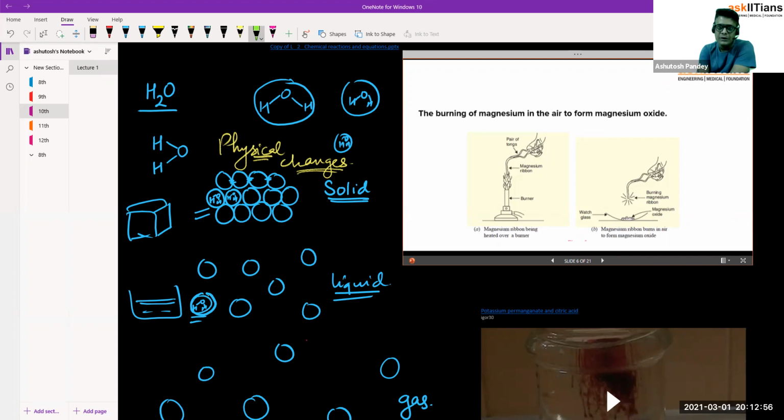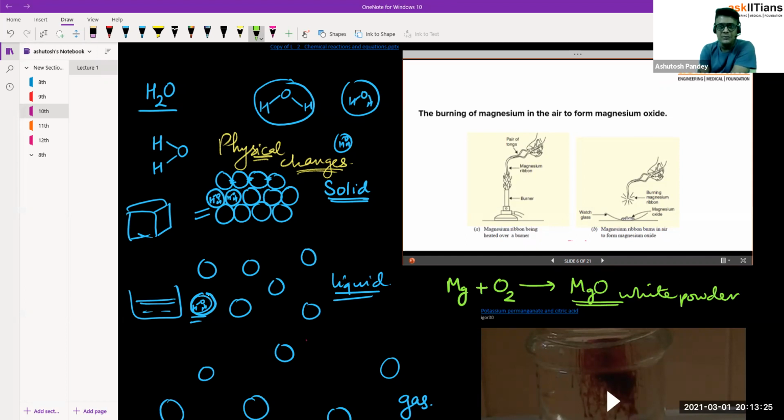Hold it with a pair of tongs and burn it. But actually, Mg is reacting with oxygen and forming MgO, magnesium oxide, a white powdered substance.